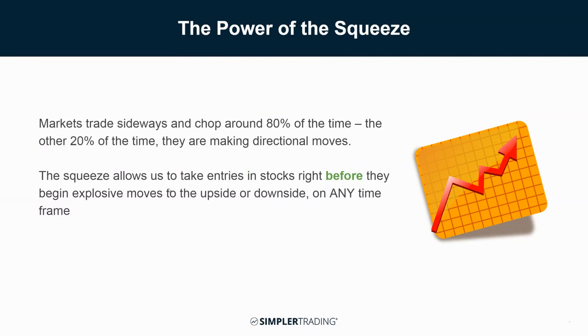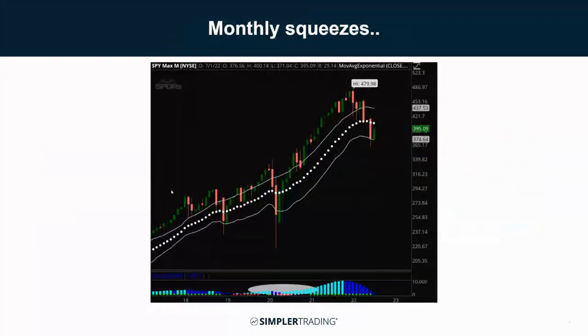Right? That's when they're making those powerful, concentrated directional moves. But the key with the squeeze, and here's how you make the squeeze profitable, is we're planting our seed, getting long or short way before that powerful move. Then we get to take the profits into the strength. And of course, we're doing this across any time frame.